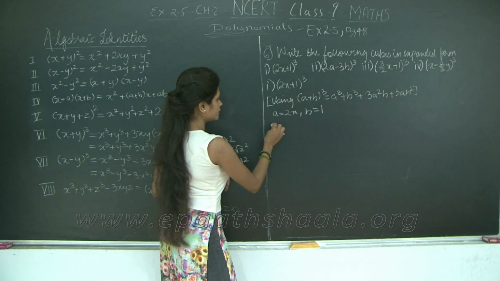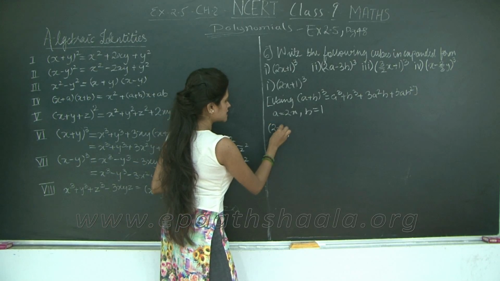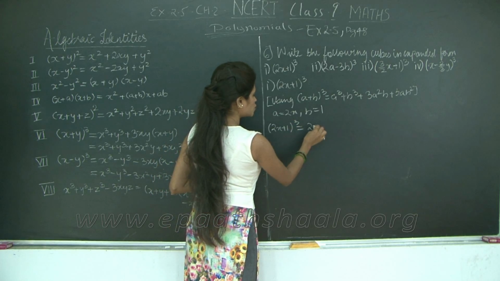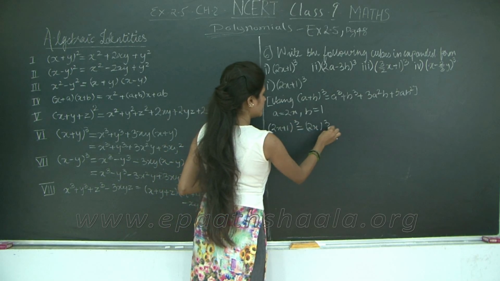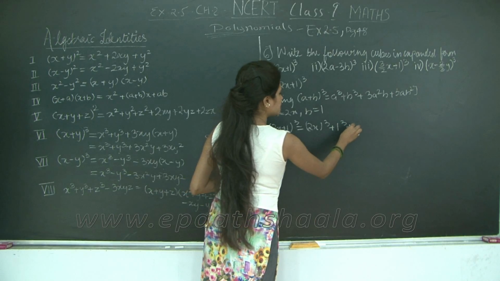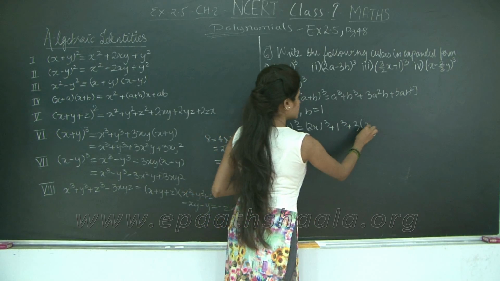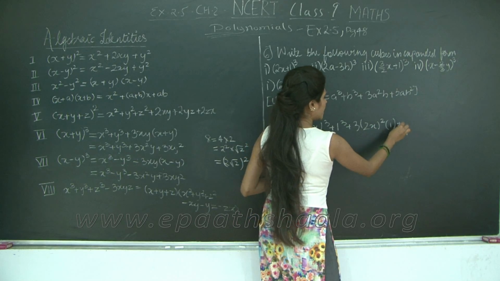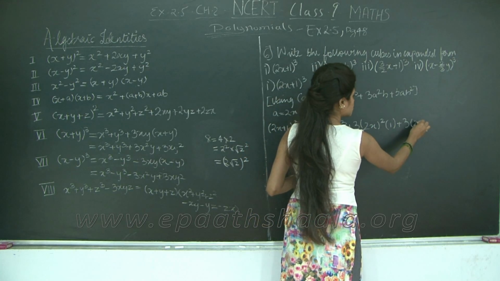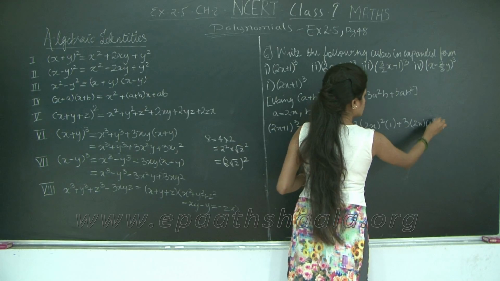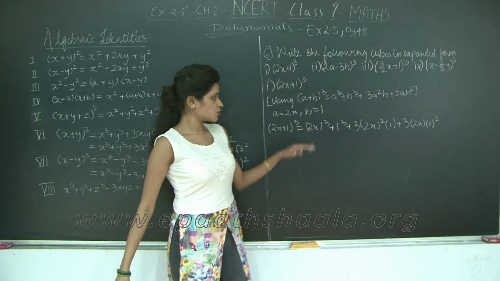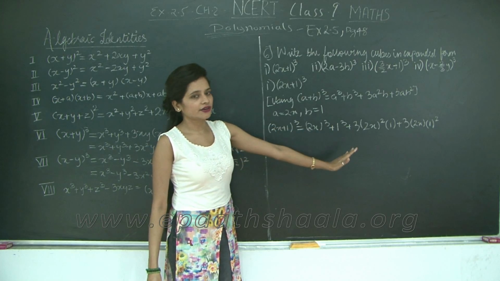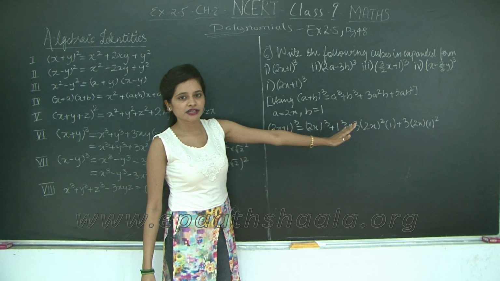Therefore I get 2x plus 1 the whole cube is equal to a cube, which is 2x the whole cube plus 1 cube plus 3 into a square, which is 2x the whole square into 1 plus 3ab square, which is 3 into 2x into 1 square, right? So what I have done is substituted the values on both the left hand side and right hand side, where a is equal to 2x and b is equal to 1.